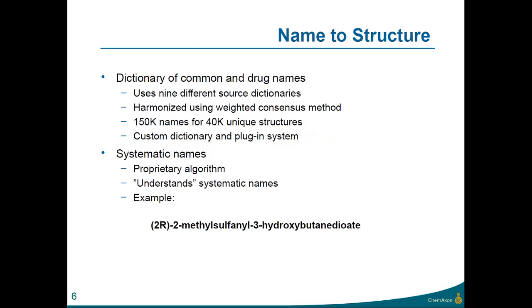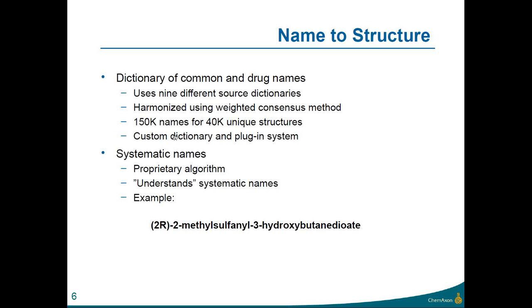So, a high-level presentation before going to the code: name to structure works using two things. One of them is a dictionary of common and drug names, which is compiled using 9 different sources, and we use a specific method to combine them into our own dictionary, which we try to make as accurate as possible and also covering the most common cases.